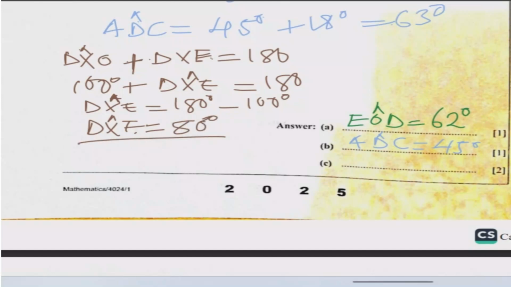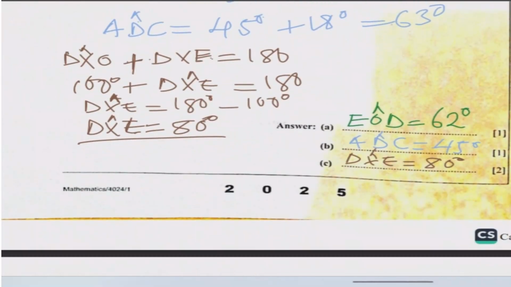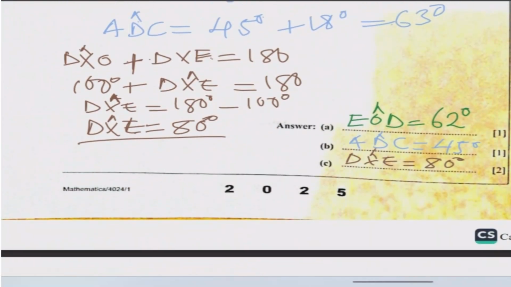So the value of angle DXE is equal to 80 degrees. So we can write here angle DXE is equal to 80 degrees. That is the answer we can write there. Sorry, I've just interchanged the name, so the name should be the way it is.